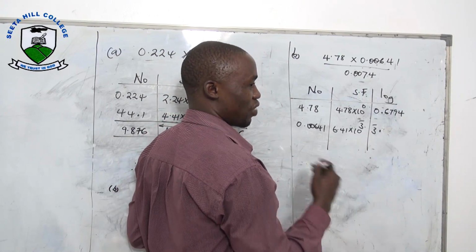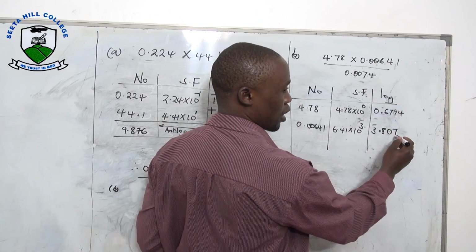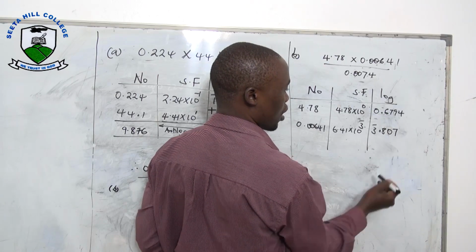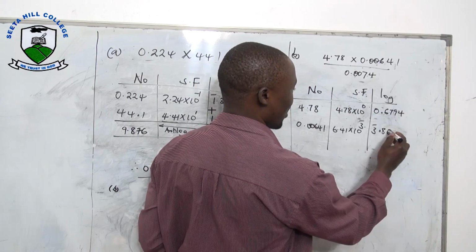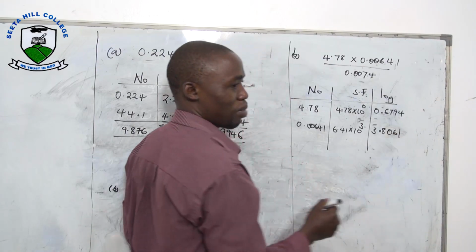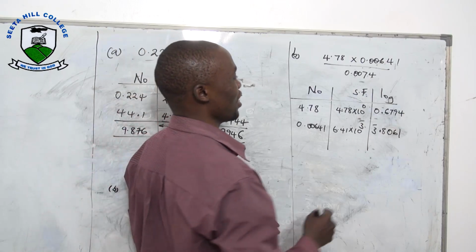Zeros. Just read for us the other digits after decimal. 8007. Mine gives 0.8069. 8061. Maybe our calculator got it. It is 2. There it is. It is 2 on rounding.